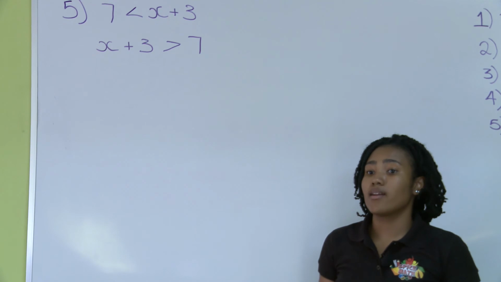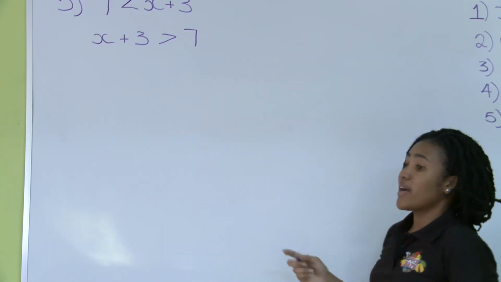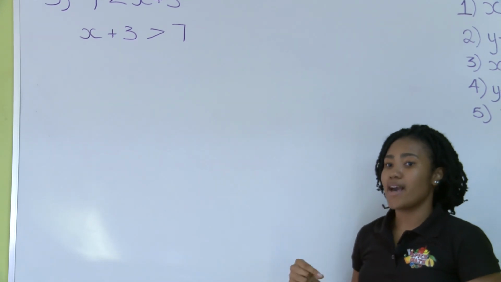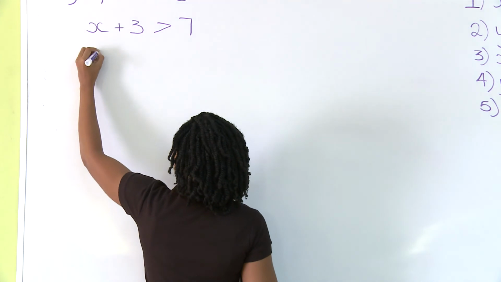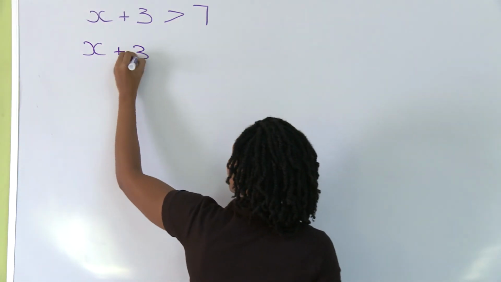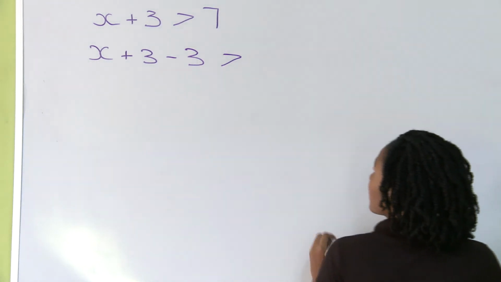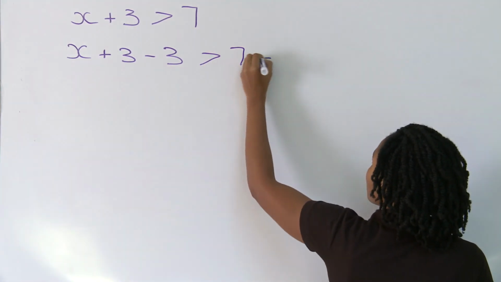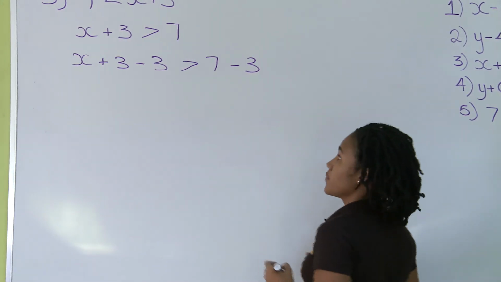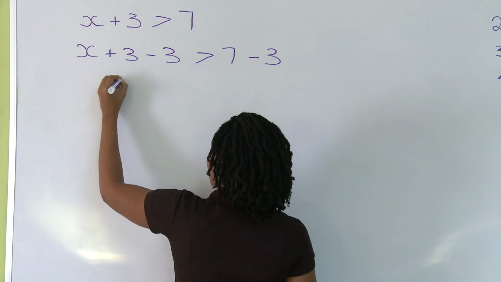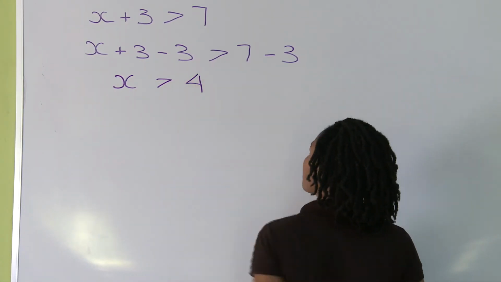So we can now go ahead and solve by subtracting 3 from both sides of the inequation. So we have x plus 3 minus 3 is greater than 7 minus 3. We're going to simplify this, and we will get x is greater than 4.